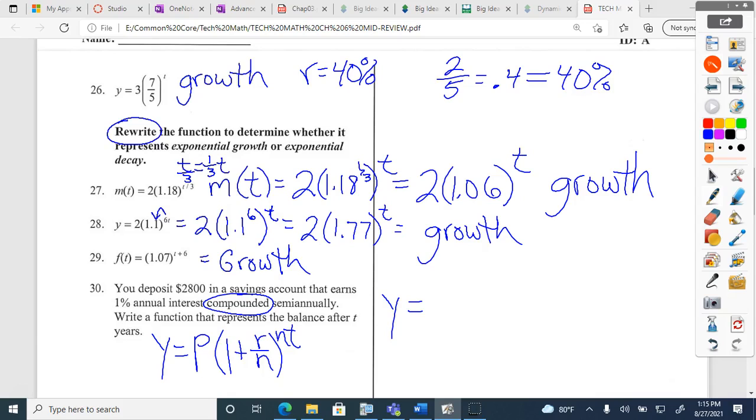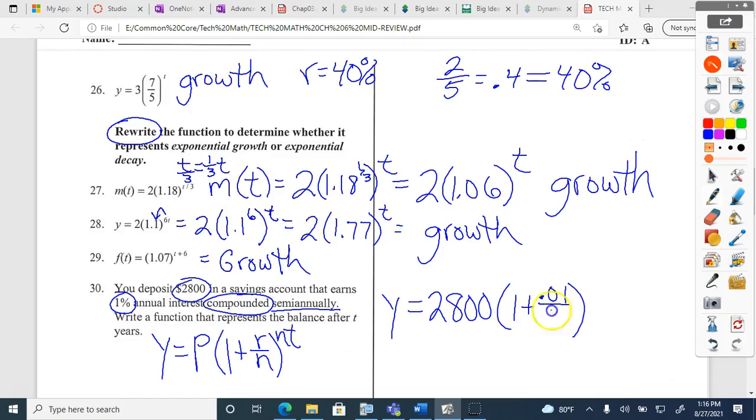So what's our P in this problem? 2,800. So y equals 2,800 times 1 plus, what's our rate? Just 1%. So it's 0.01 divided by, it says it's compounding semi-annually. So how many times does that mean? Twice.